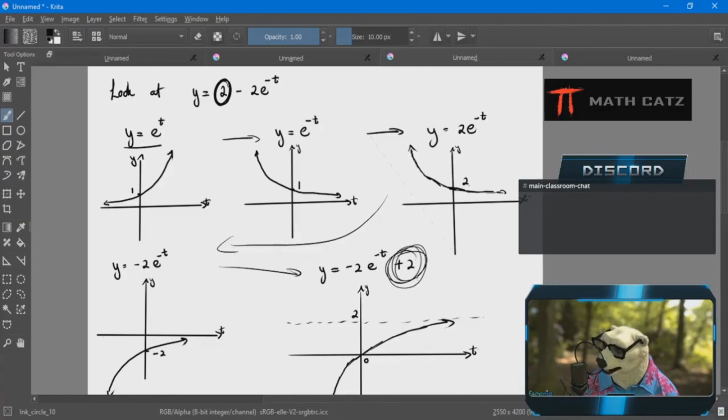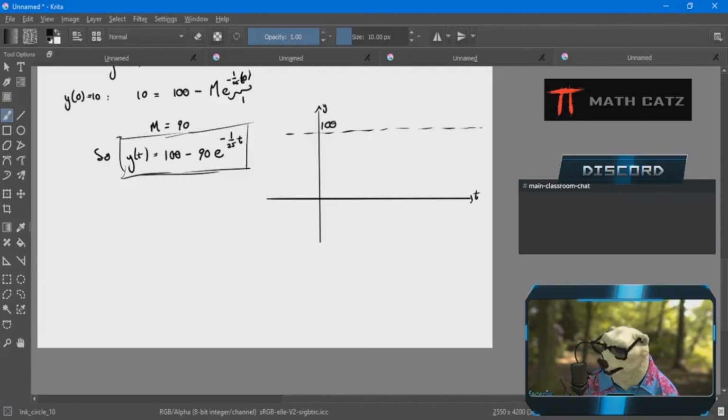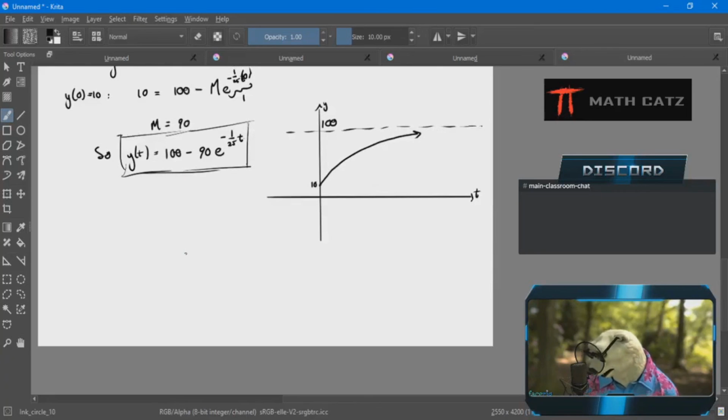So when I look at this new function, if I do transformations on this, the vertical shift that will happen is going to be this 100. So my capacity here is 100. I'm not starting at 0, I'm starting at 10. And there's my function. I don't have to look at these more unpleasant numbers to understand what the transformations are doing to get the graph.